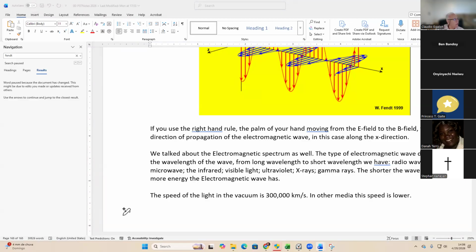Now let's talk about the energy carried by the electromagnetic wave. Remember that the electric and magnetic fields have energy associated with them.